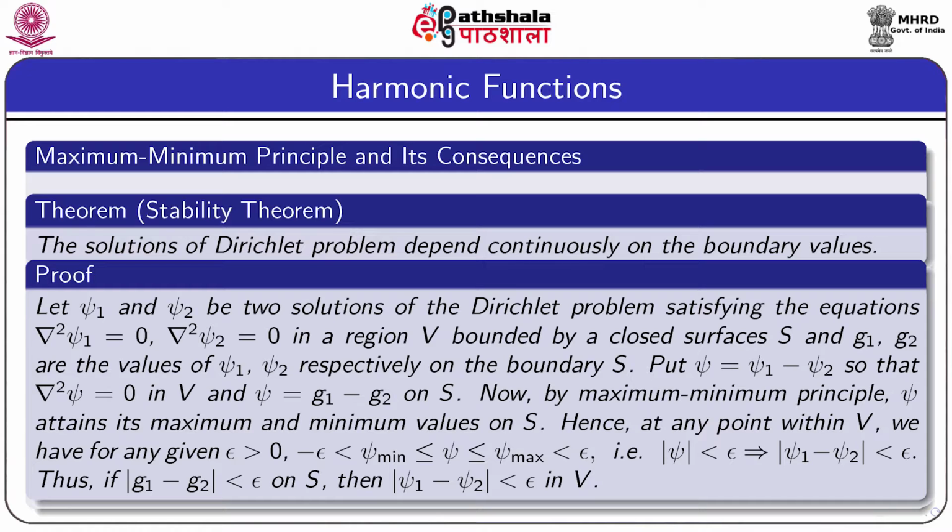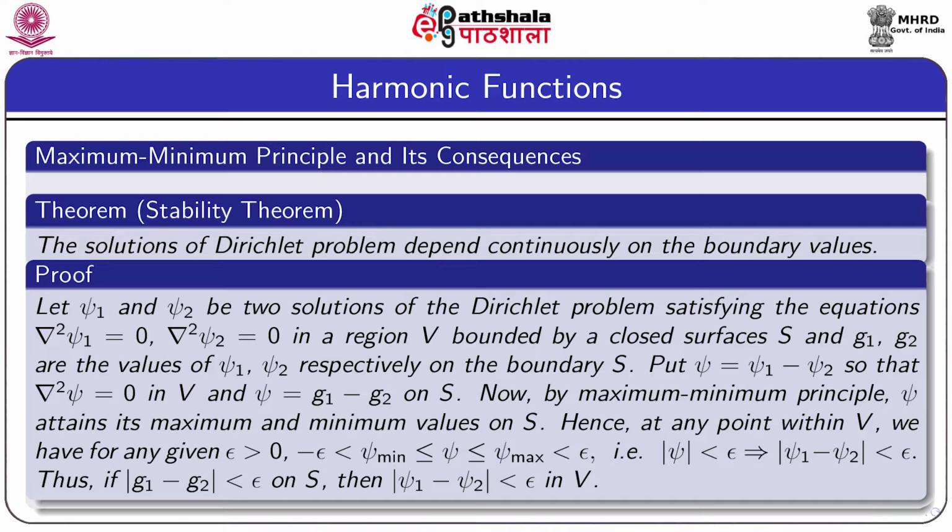Hence, at any point within V, for any given epsilon greater than 0, minus epsilon less than psi minimum, which is less than or equal to psi, less than or equal to psi maximum, which is less than epsilon. That is, mod psi is less than epsilon if the difference psi max minus psi min is less than epsilon.